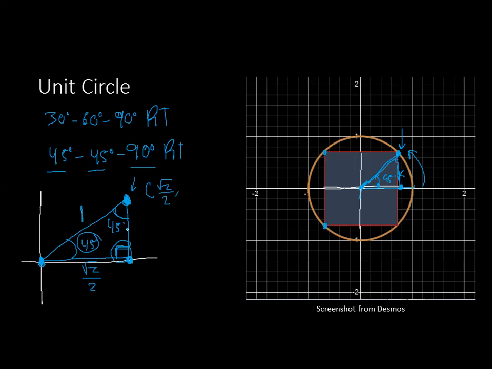Then going up, since we're talking about y values, it's also square root of 2 all over 2. So you move square root of 2 all over 2 away from the center upward. Hence, you have the coordinates square root of 2 all over 2, square root of 2 all over 2.